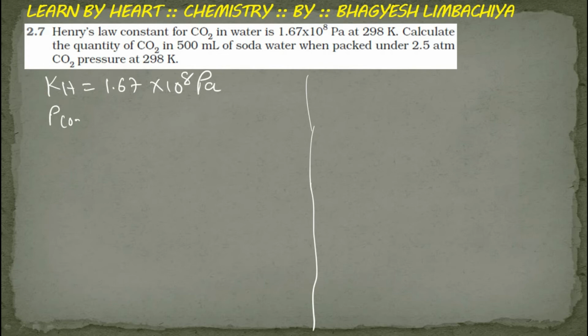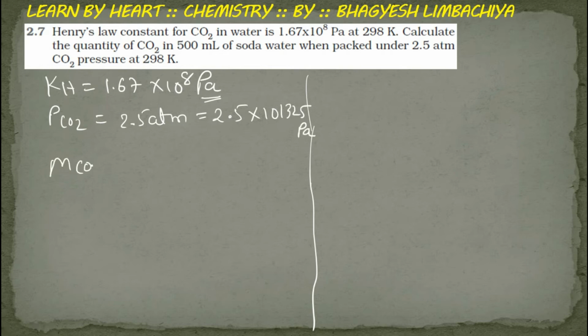Pressure of CO2 is 2.5 atmosphere. Here the unit is Pascal, so we will convert atmosphere into Pascal, multiplied by 2.5 into 101,325 Pascal.